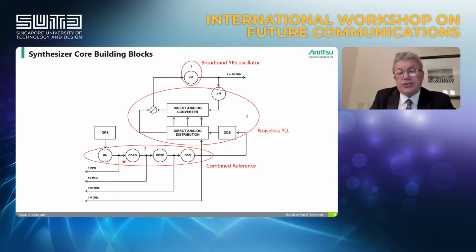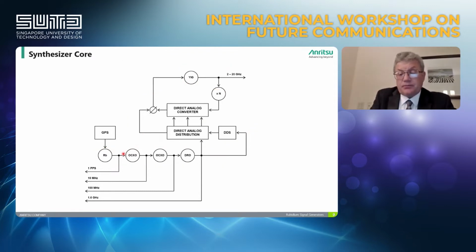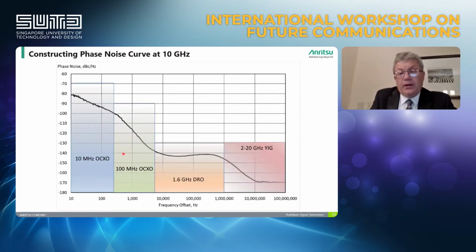And this chain is furthermore locked to a rubidium oscillator. What can this give us? Well, it allows us to provide the lowest phase noise at any given frequency offset.